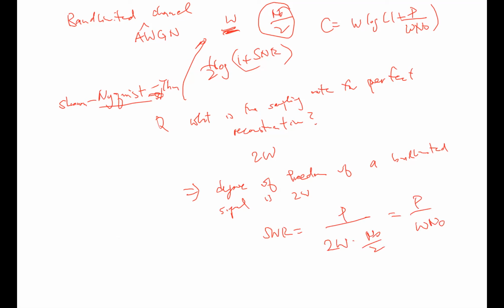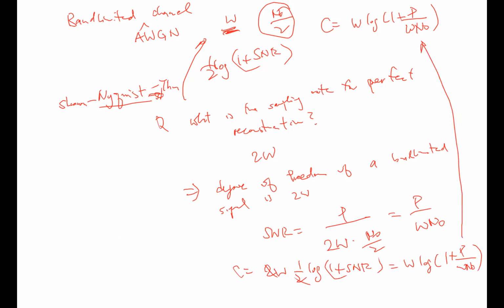I have 2W of this kind of channel, so the capacity is 2W times one half log(1 + SNR). The one half cancels, so it's W log(1 + P over W N0). This is basically how we get the formula that I assume all of you have seen before in one of your communication classes.